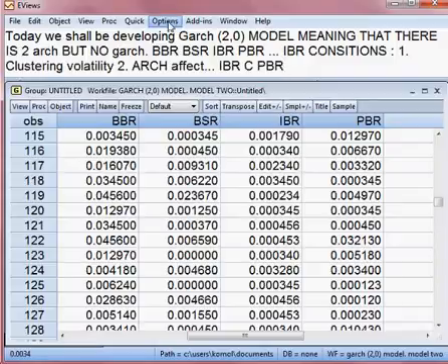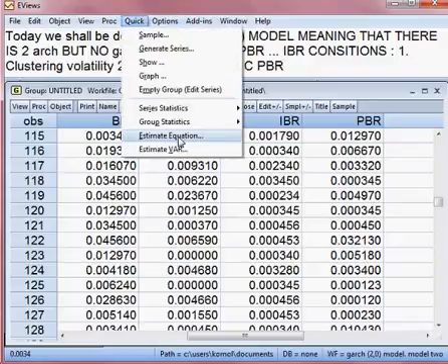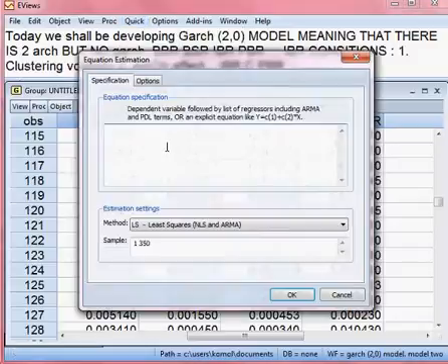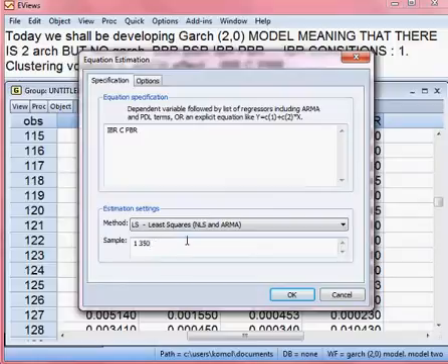I go to Quick, Estimate Equation, and put the variables IBR, C, then PBR. IBR is Indian bond return and PBR is Pakistan bond return. Our sample size is 200 days.